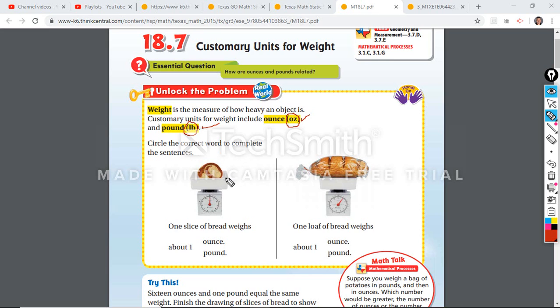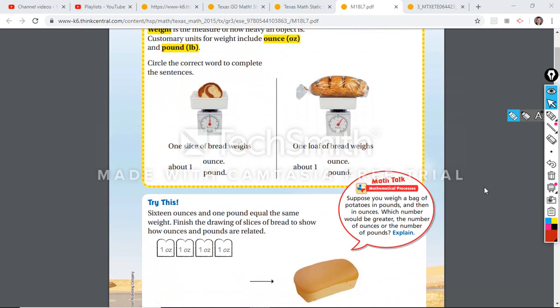Okay, so if we look at a loaf of bread, generally, for the most part, a loaf of bread will weigh 1 pound. And if you know your units of weight, we have 16 ounces in a pound.